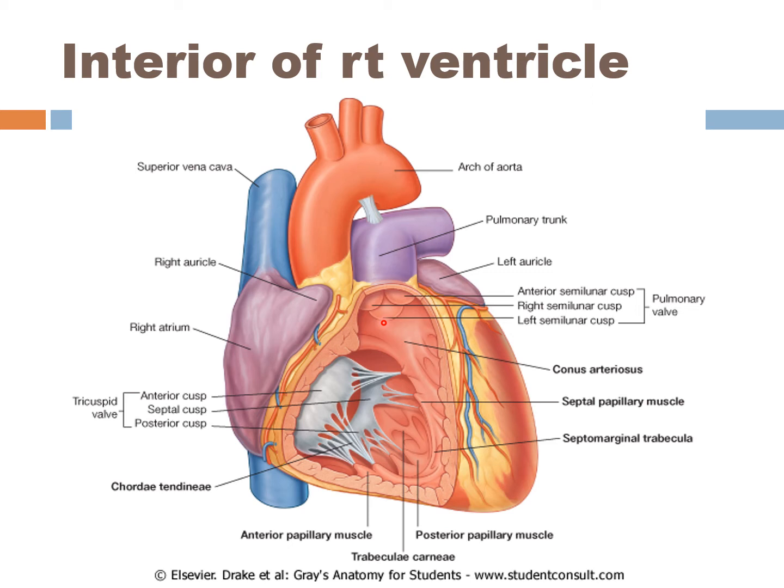So infundibulum or the conus arteriosus is nothing but the outflowing tract, a smooth wall, truncated and directed upward, backward and to the left, making an obtuse angle with this inflow tract. The apex of this infundibulum presents the pulmonary orifice which is circular and guarded by these three semilunar cusps. You can see the cusps, leaf like, these one are the three semilunar valves. The name given is the pulmonary valve or the semilunar valve.